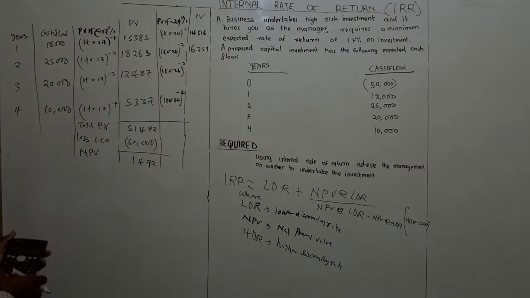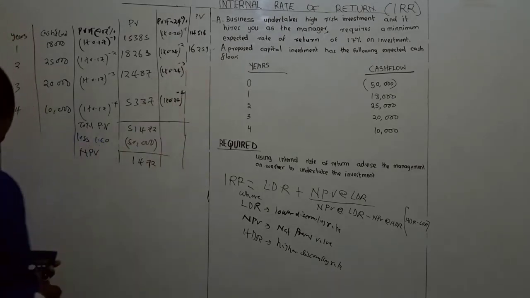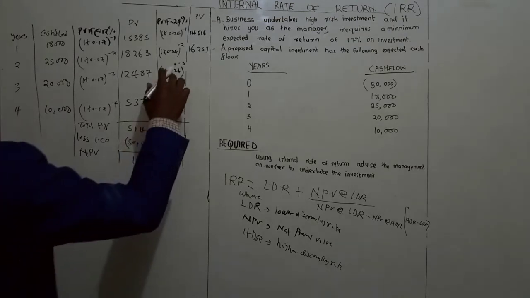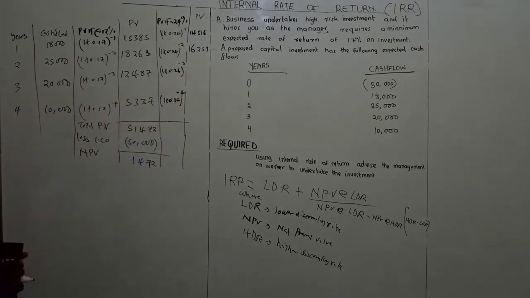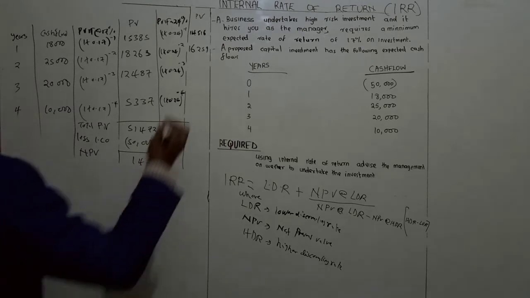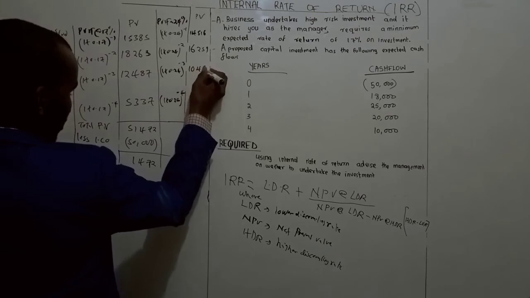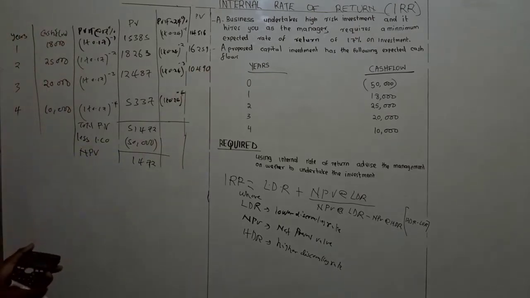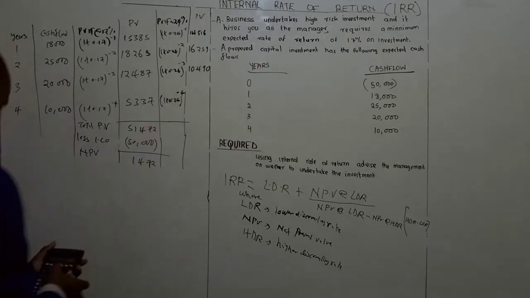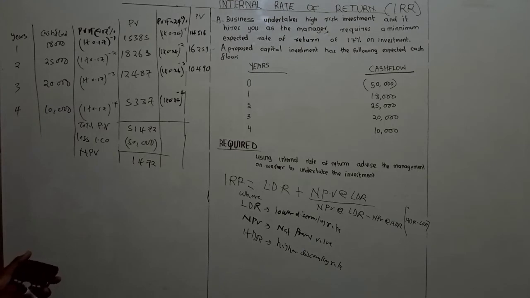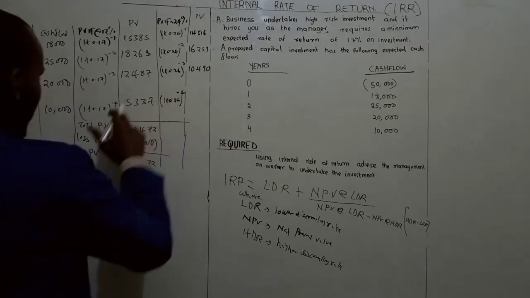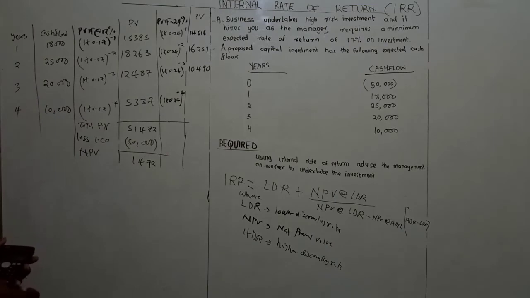Next is 1 plus 0.24 raised to negative 3, then multiply by 20,000. That gives me 10,490. Next, 1 plus 0.24 raised to negative 4, then multiply by 10,000.